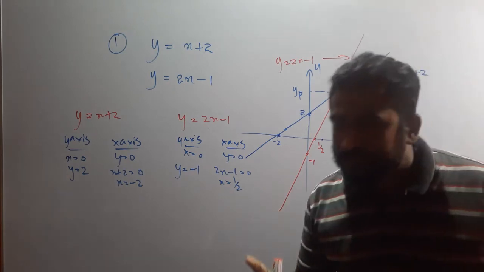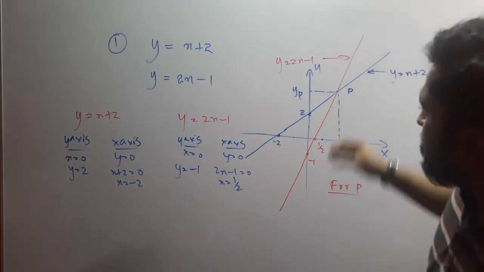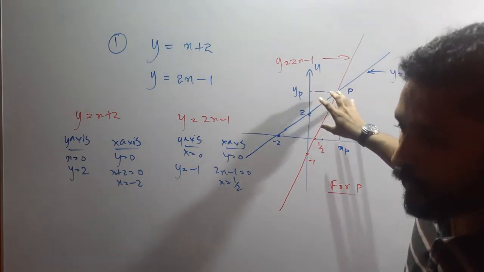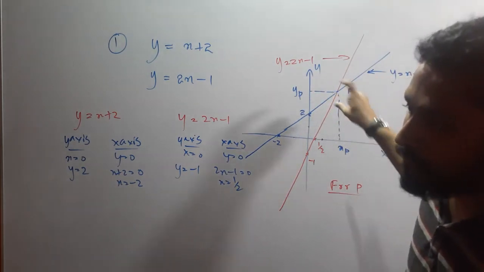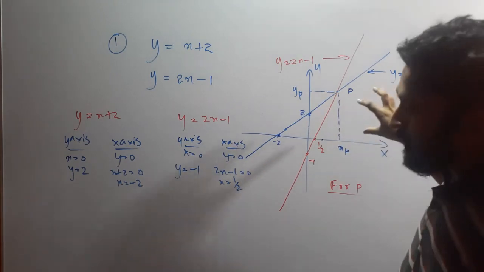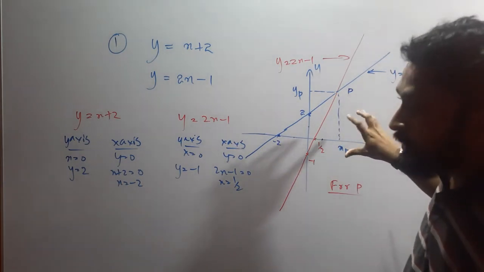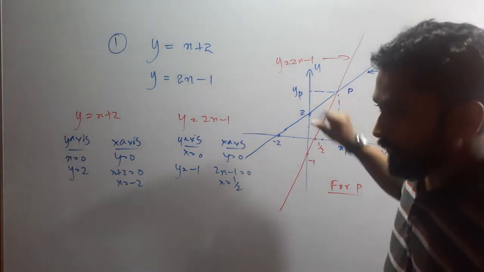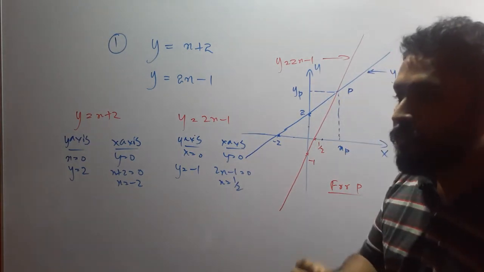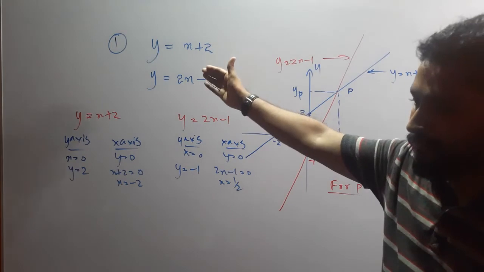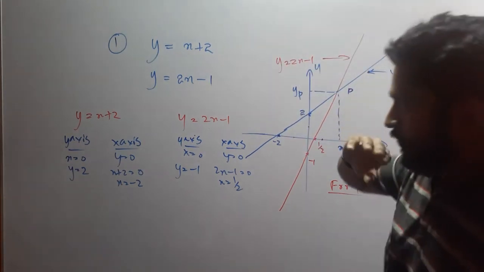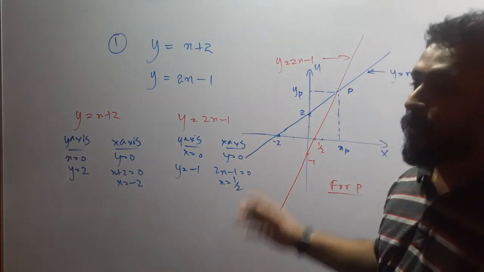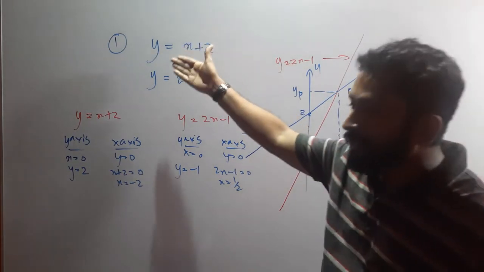You have two options. You can make the y values equal to find x, then y. Or you can make the x values equal, then find y. What is your option? According to the graphs, obviously you are going to make the y's equal.